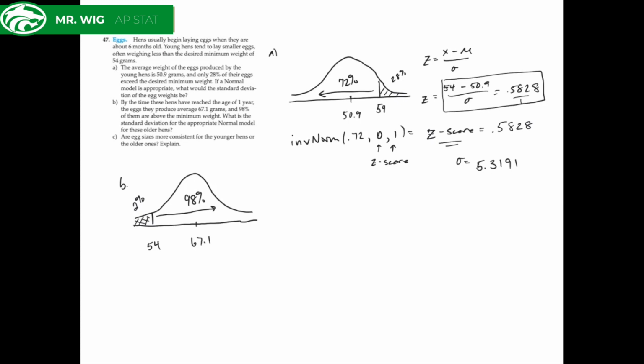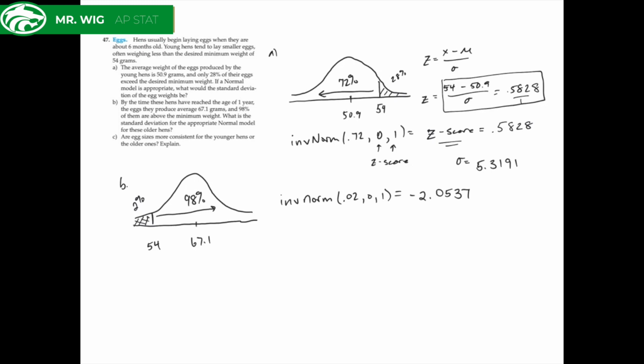So inverse norm, and I know to do this because I've done the previous question, with 0.02, 0, and 1. This is going to give me the z-score for the lower value. The z-score for 2% is negative 2.0537. We knew that was going to be negative because it's a z-score below the mean.